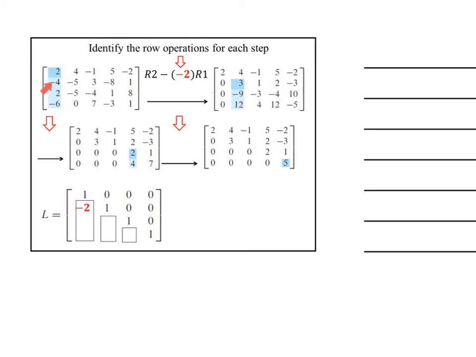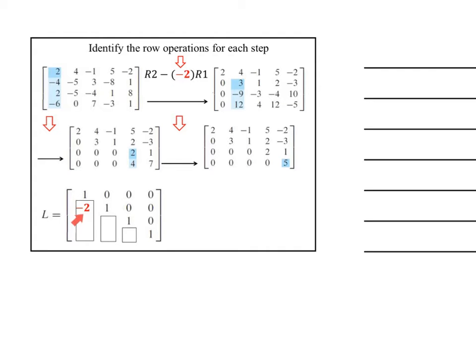First of all, we want to zero these three entries. In order for me to make this 0, I have to use row 2 minus negative 2 times row 1. So this is the number that I need to record: negative 2.